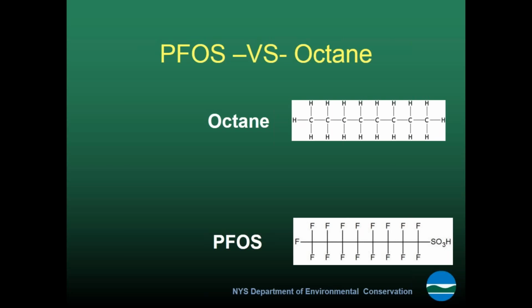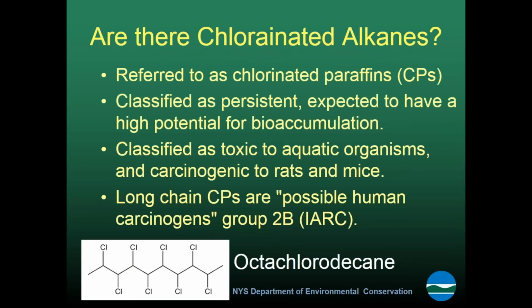Is there such a thing as chlorinated alkanes? And sure enough, there are chlorinated alkanes. As a group, they're more commonly referred to as chlorinated paraffins, and they're classified as environmentally persistent, bioaccumulative, carcinogens, and they're toxic to aquatic organisms.